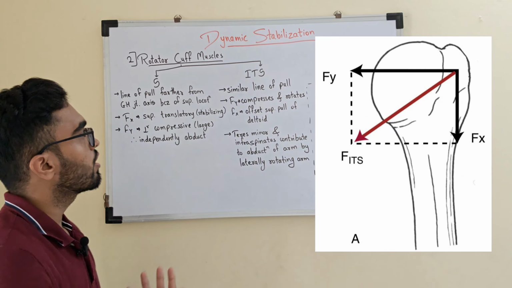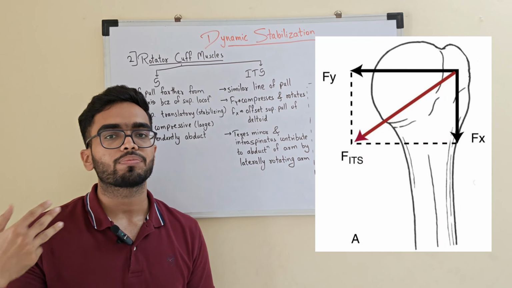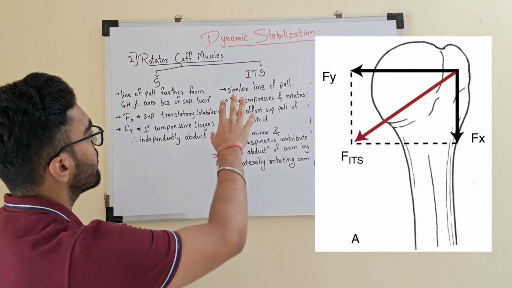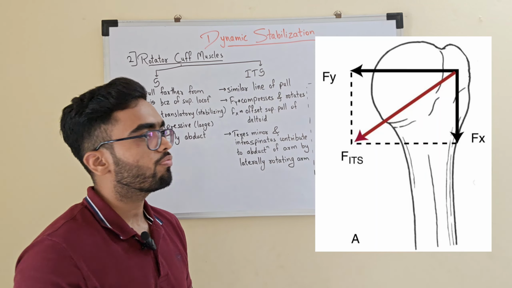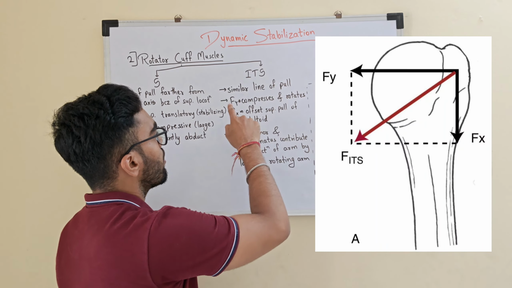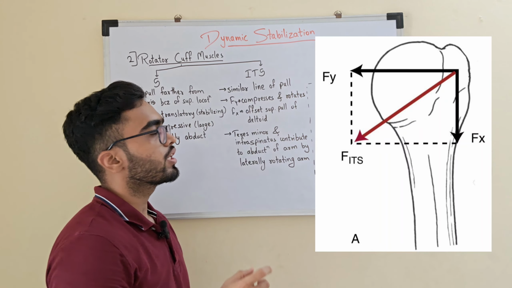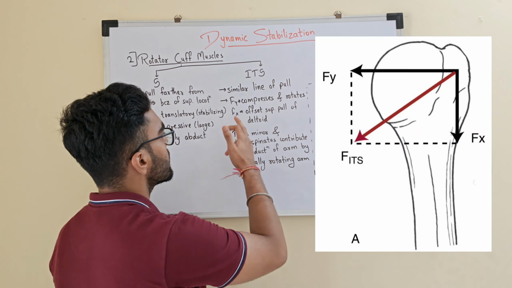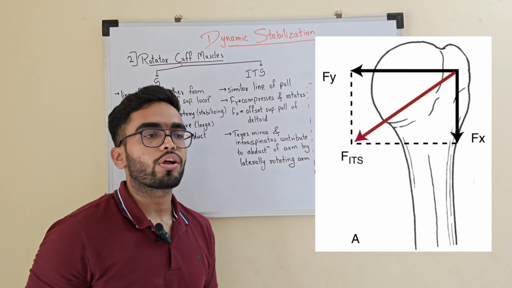Next is the rotator cuff muscles, which include supraspinatus, infraspinatus, teres minor, and subscapularis. So the infraspinatus, teres minor, and subscapularis have a similar line of pull. Okay, so the perpendicular component compresses and rotates the glenohumeral joint, while the translatory component offsets superior pull of deltoid.